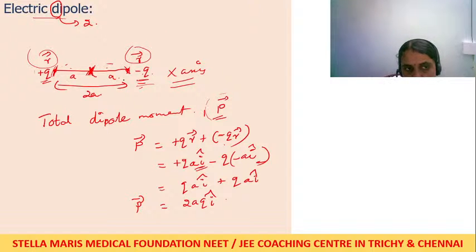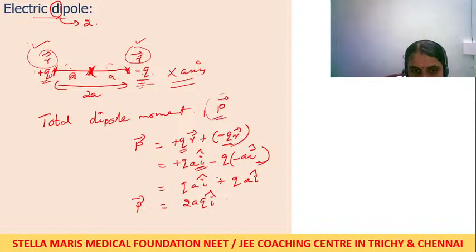To find the total dipole moment, we should add these two charges: plus q into r vector plus minus q into r vector. The plus q r vector represents this charge and the minus q r vector represents this one. For the r vector we take the distance times the coordinate I cap, because we have considered the x-axis alone.